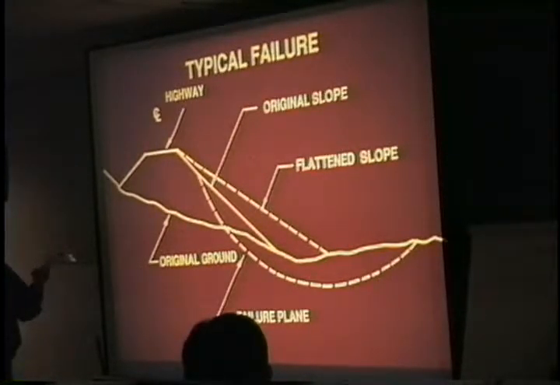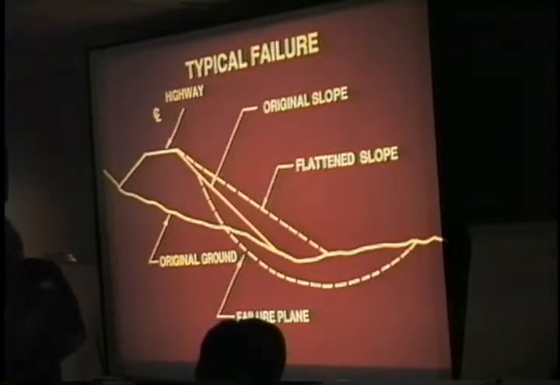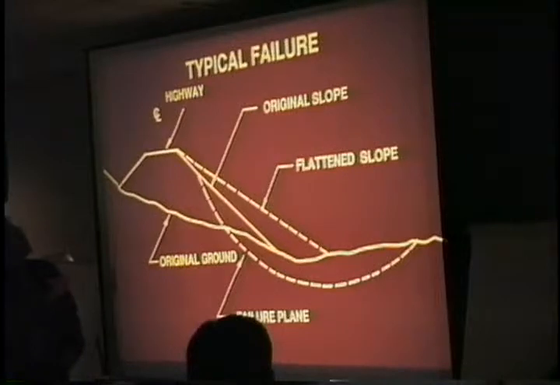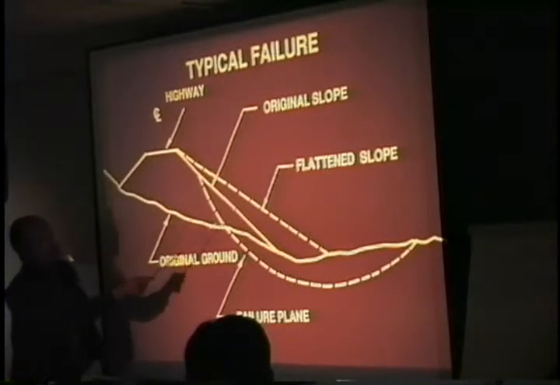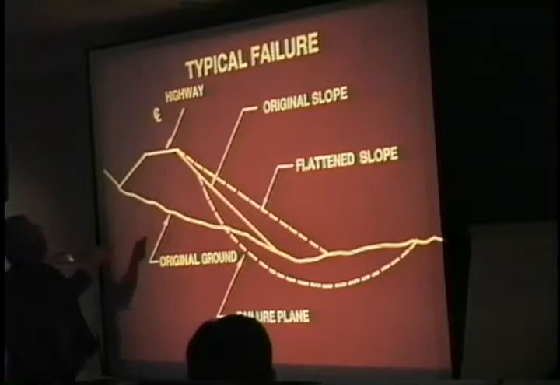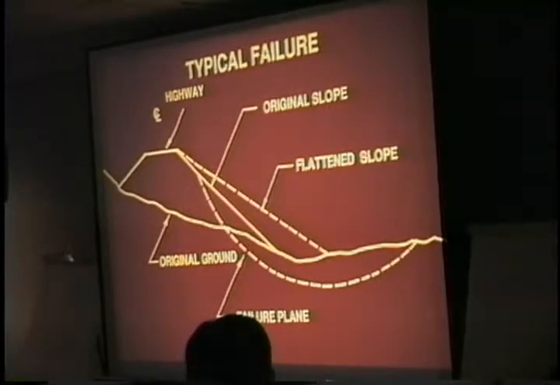Let's find out what you guys can recommend here. Here we have a typical project that is being constructed on a side hill. This fill has been placed here. You can see that this is the original embankment that was constructed there, completed about a year ago.